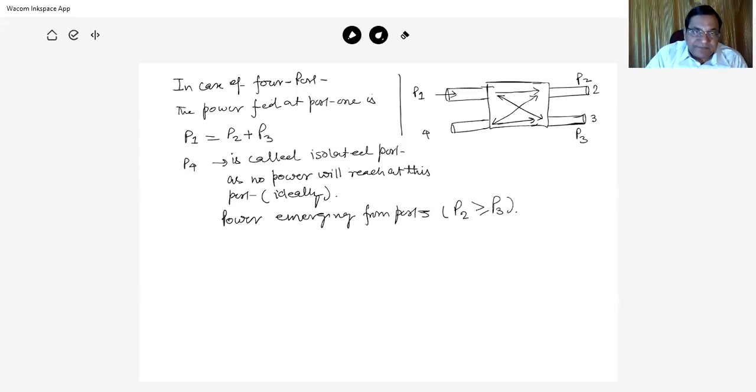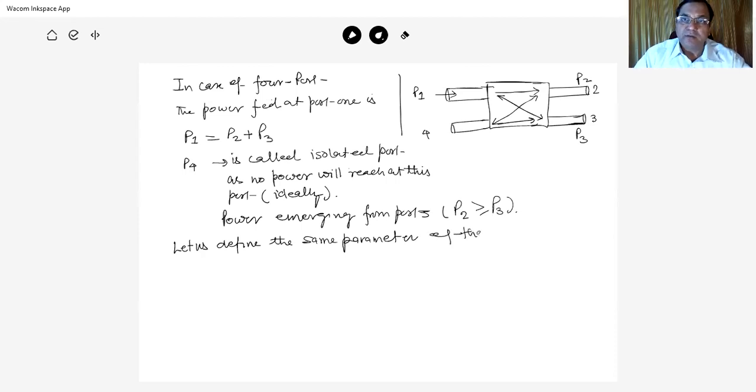So let us define the same parameters of the couplers.